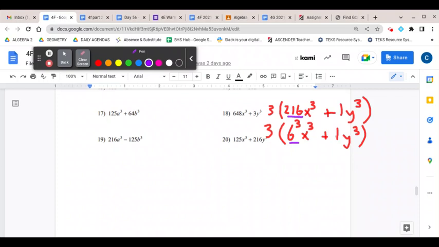So we have 6 cubed x cubed plus 1y cubed. Next step, the 6 cubed x cubed, we could just rewrite as 6x cubed plus 1y cubed there, all with a 3 on the outside.